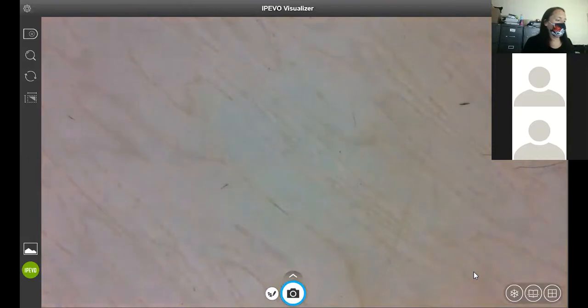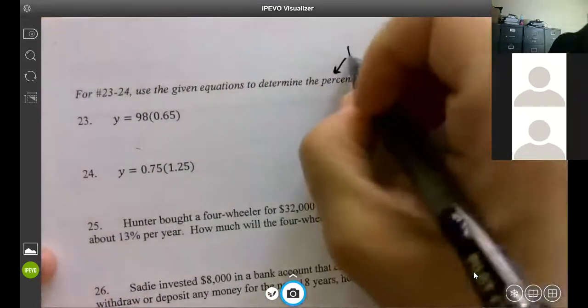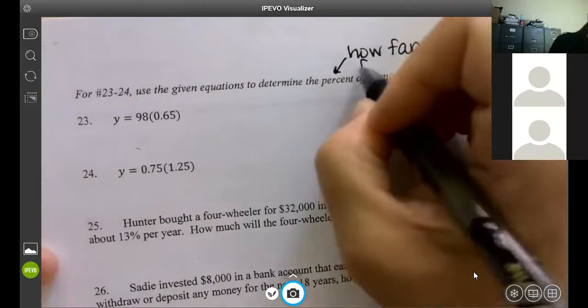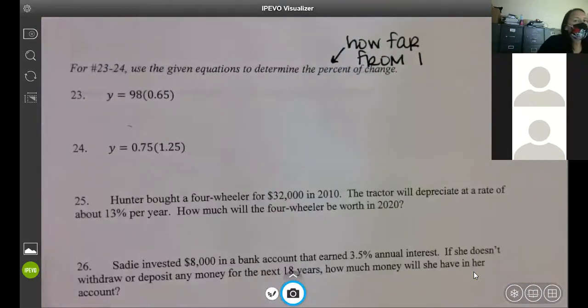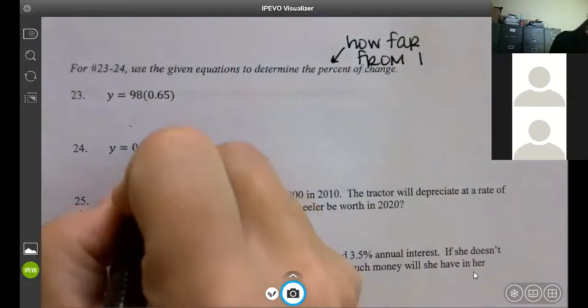And then our last page. Remember your percent of change. Is how far it is from 1 on a number line. So I'm going to start with 1.25. That's this number right here.